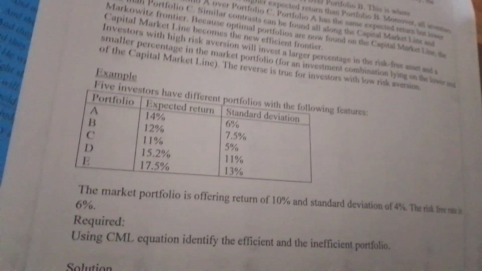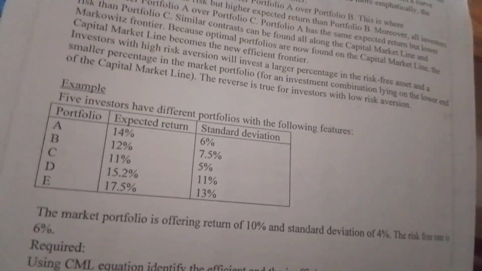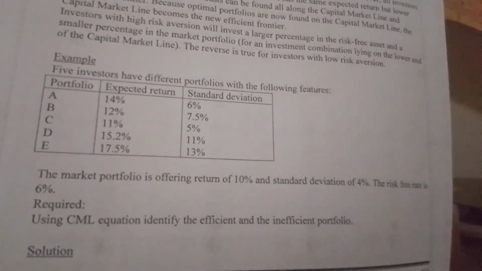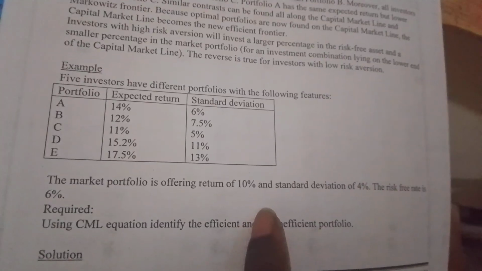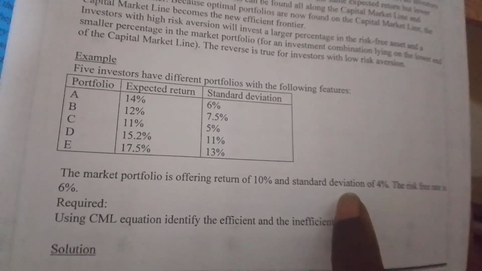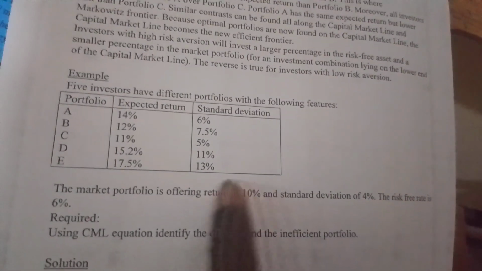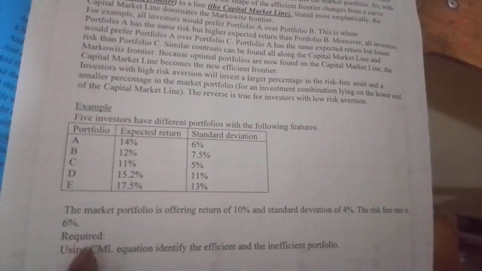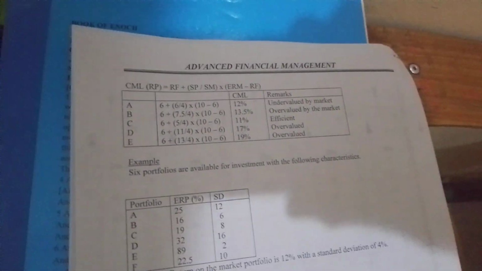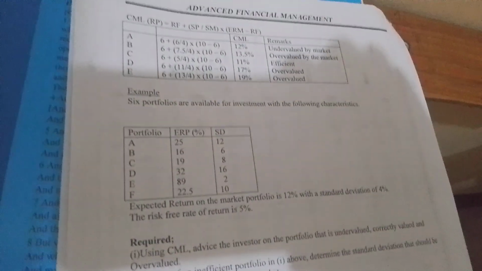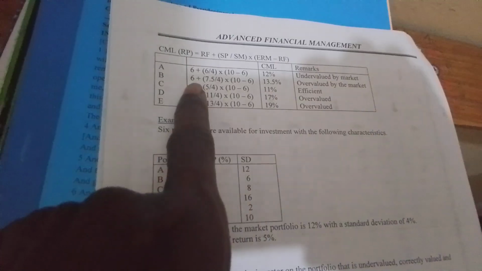If maybe you have not understood what I'm saying, you've been told that the market portfolio is offering a return of 10% and standard deviation of 4%. The risk-free rate is 6%. So this risk-free rate for the market is the one that you bring here now. The risk-free rate 6 plus.